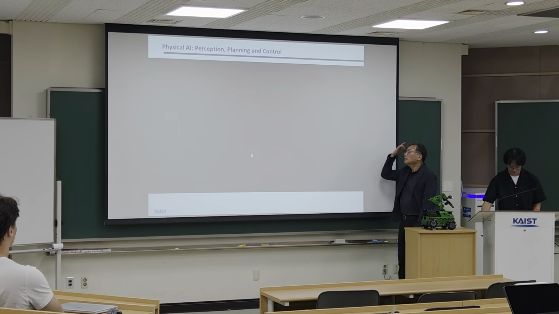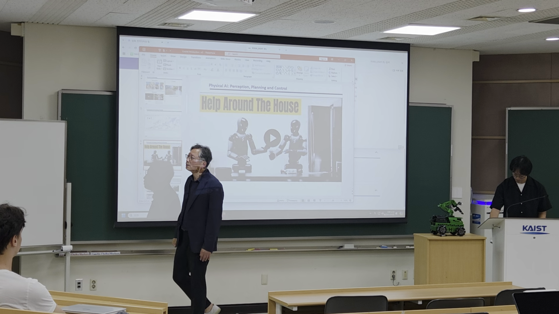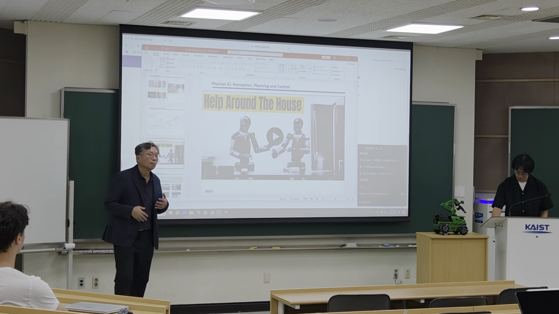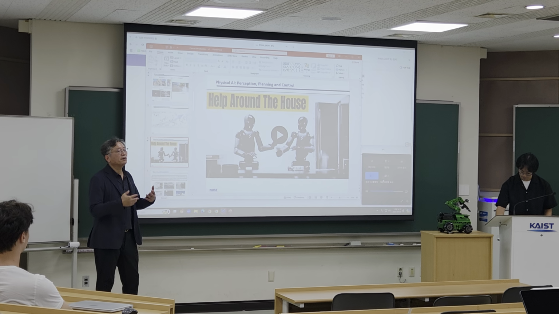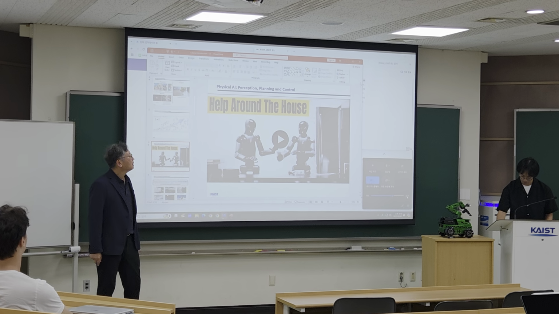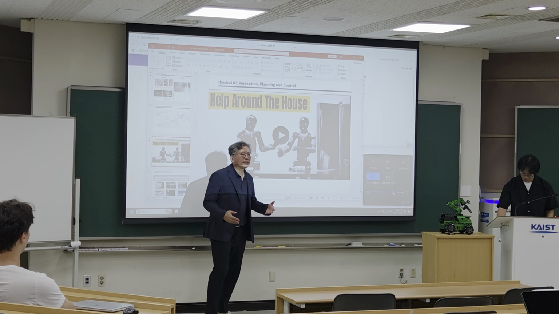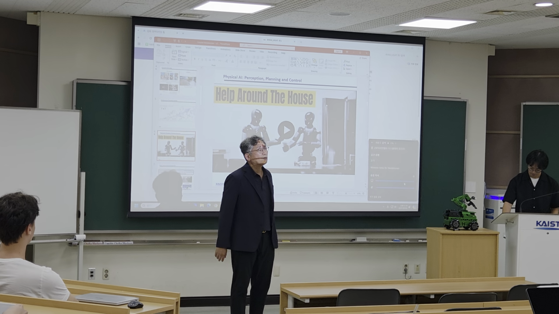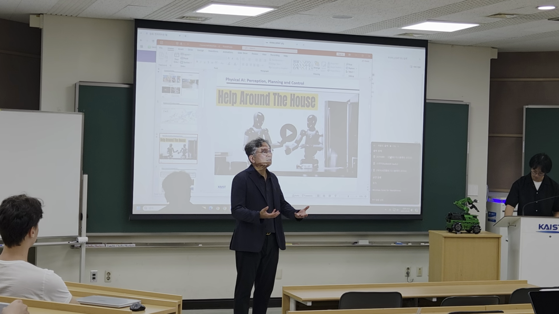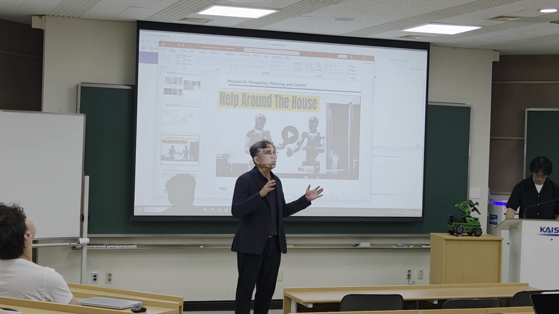But anyways, this is probably the future. Human interacting with a machine to do various tasks. And here in this video, the human brings in groceries, and the robot is to take the groceries and place them in the appropriate place in the refrigerator.